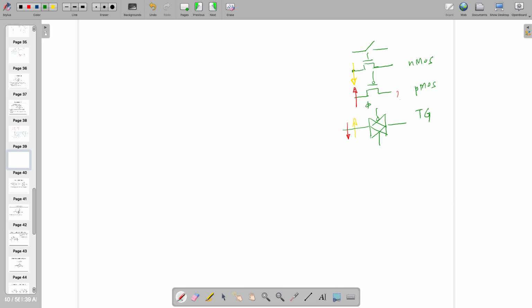This might be phi bar, this might be phi. And if you are using switches anywhere, remember switches are going to invite charge injection and clock feedthrough.